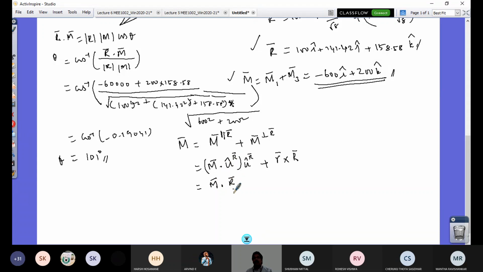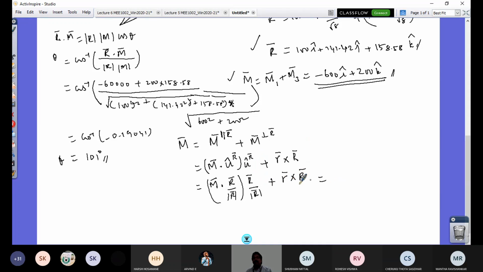It is the resultant vector by its modulus. I get this unit vector. So I know the resultant vector, divide by its modulus, I get the unit vector along the resultant direction. And again, I multiply that with the R vector by modulus of R vector, as this is there here outside as well, plus R cross R vector.